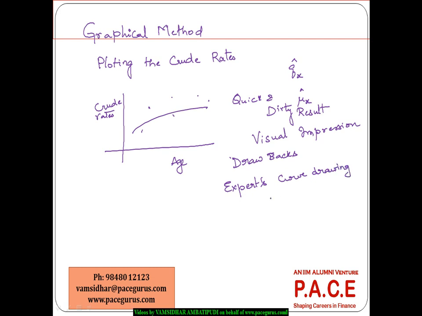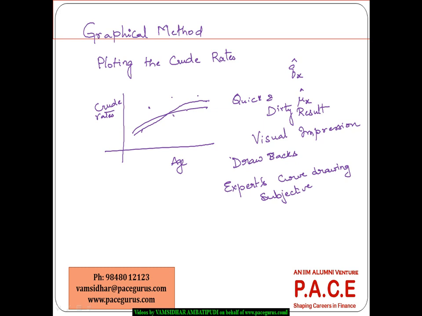And it is more and more subjective also, right? An expert across the same points could draw a smooth curve like this, or someone else could go more like this. So the values are more and more subjective, fair enough.